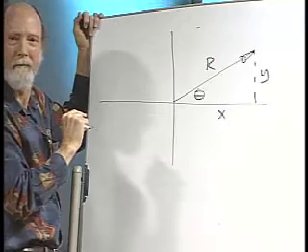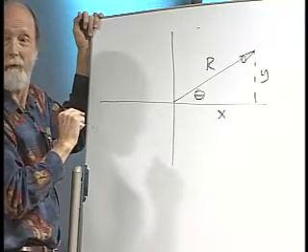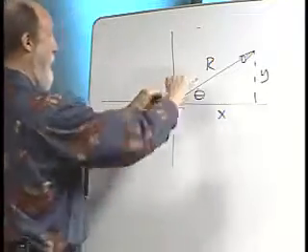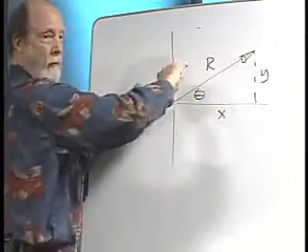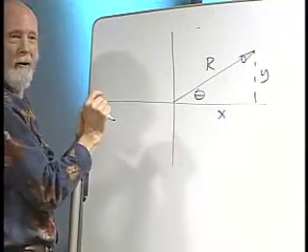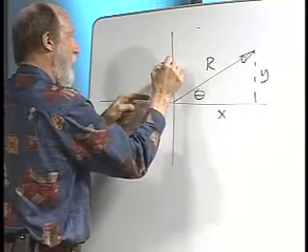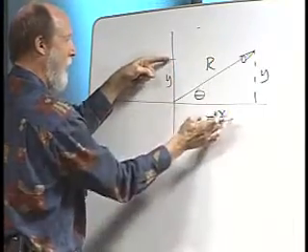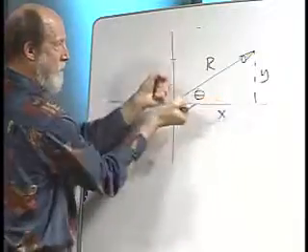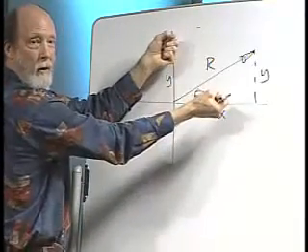So many pounds of force. If I grabbed hold of this spot and pulled on a rope in that direction with a certain force, that force could be thought of as having a y part and an x part. You with me on that?